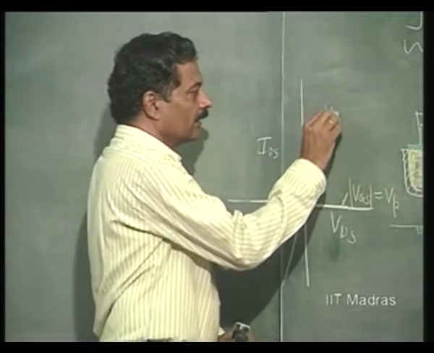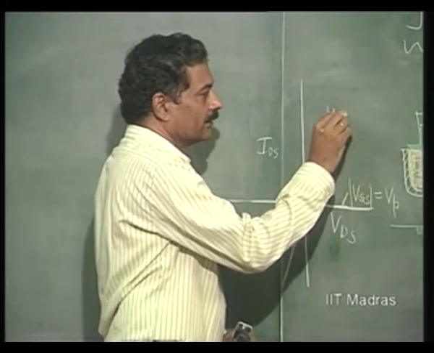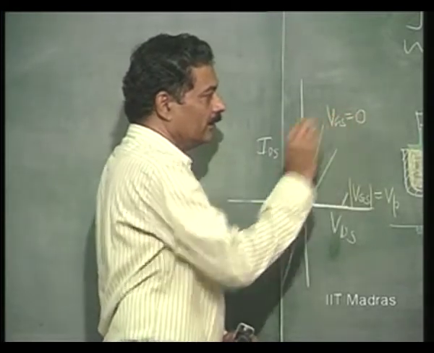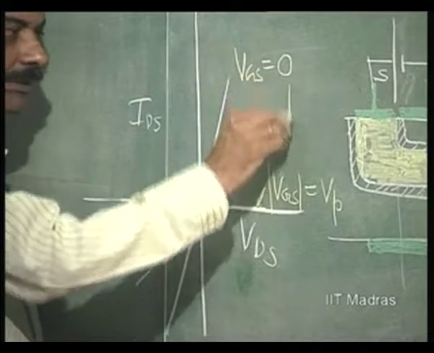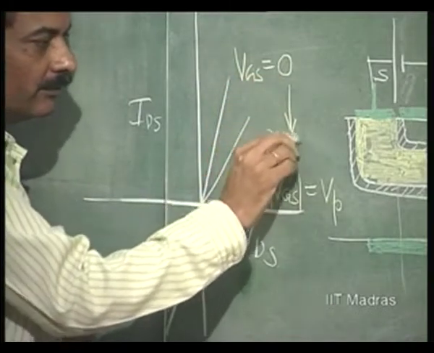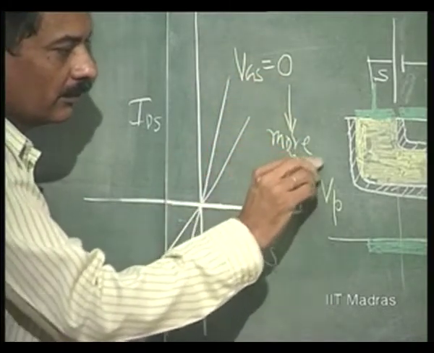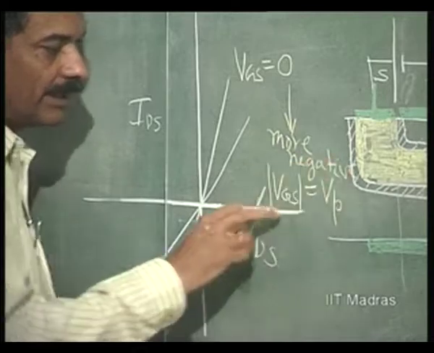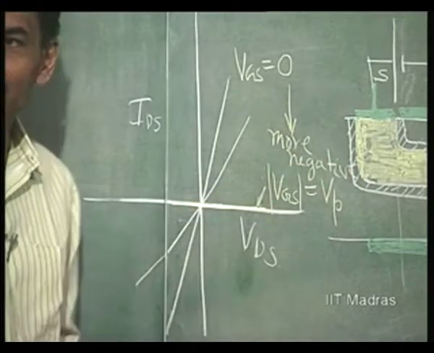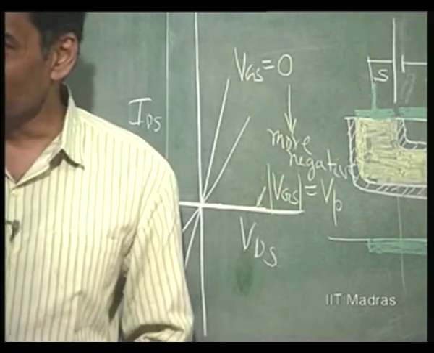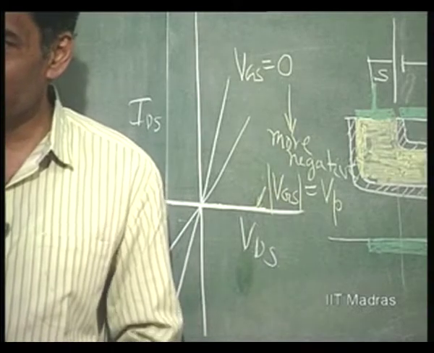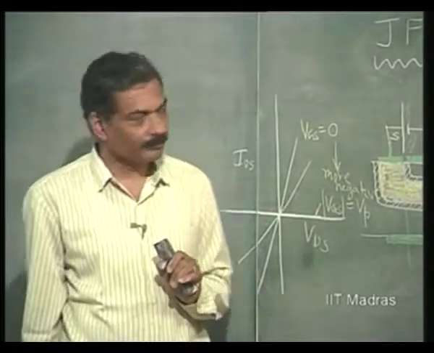So, this is VGS equal to 0, and VGS more negative, and ultimately the magnitude of VGS being equal to some value called the pinch off value. It is a negative value in this case.